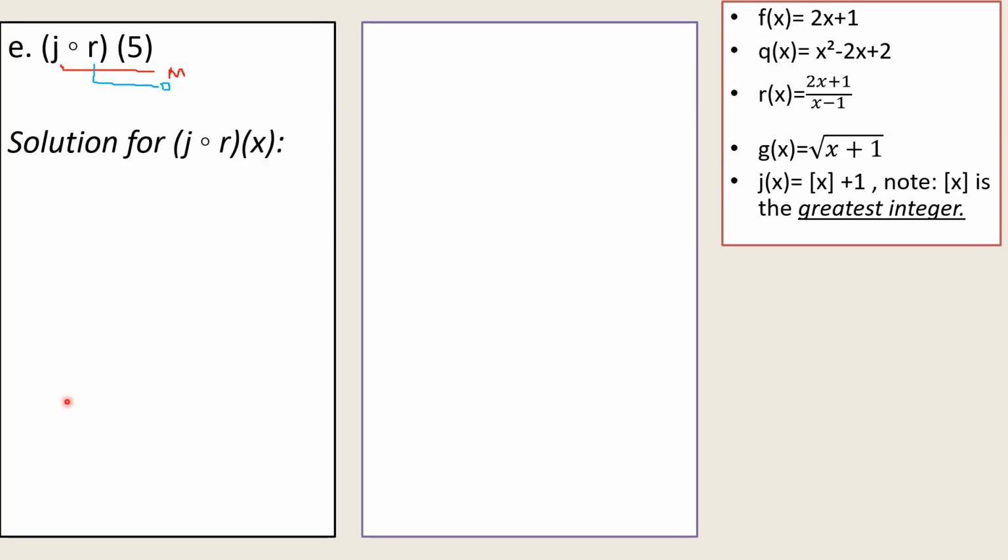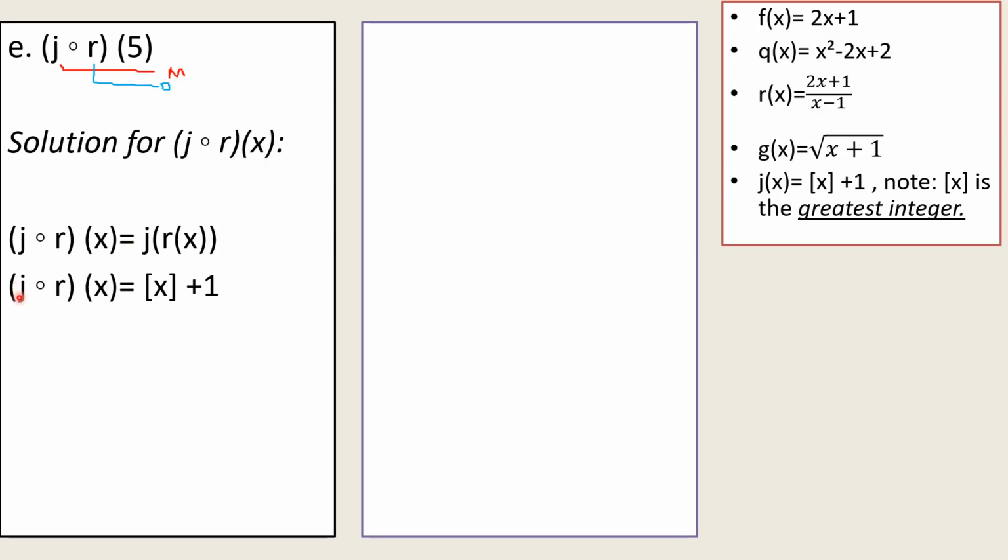Solution for J composite R of X: let us start with the definition. J of R of X equals J, the main function, then inside, x would be the second function, which is R, because all the x in J will be replaced by the R value.